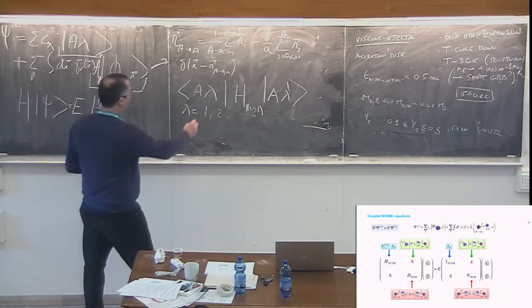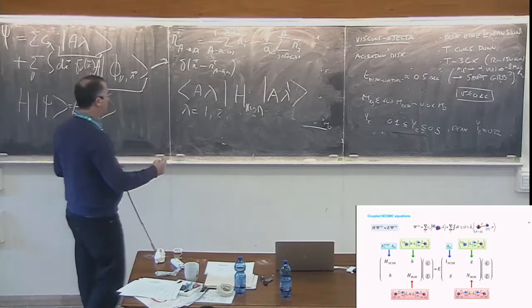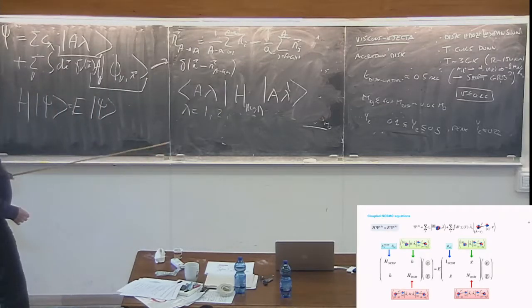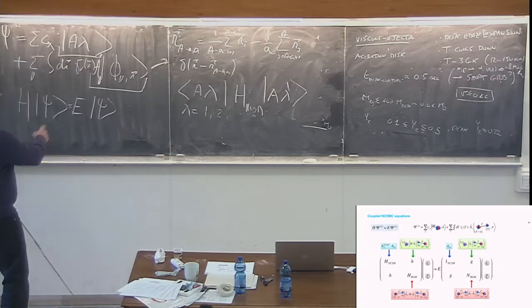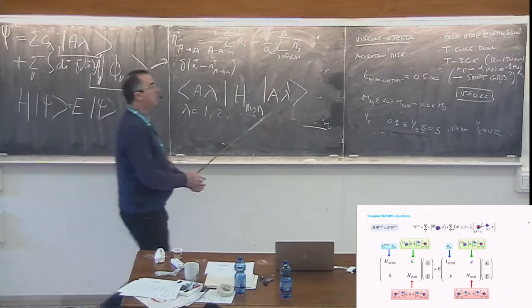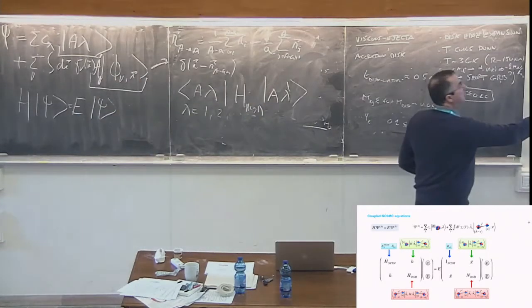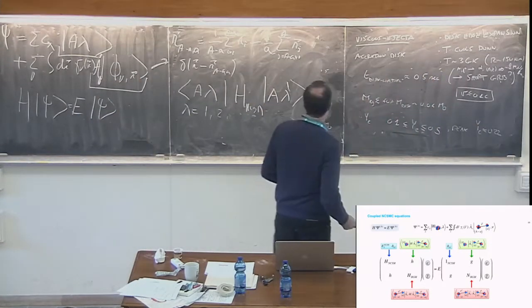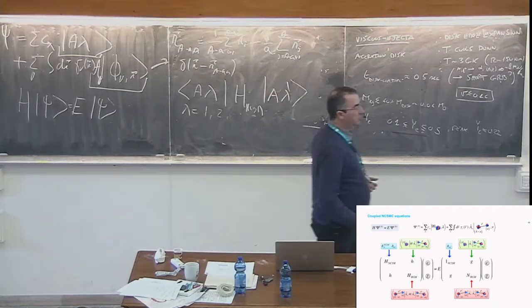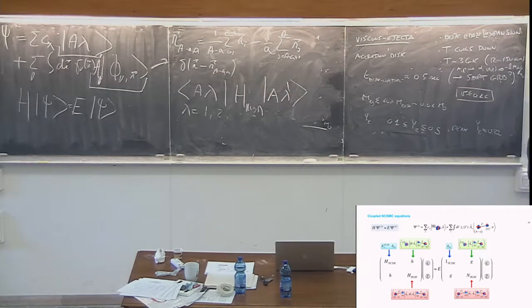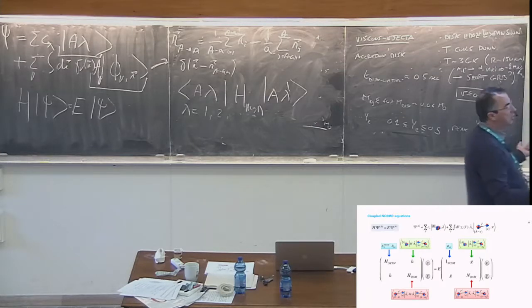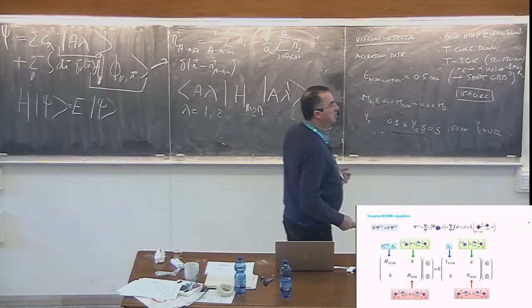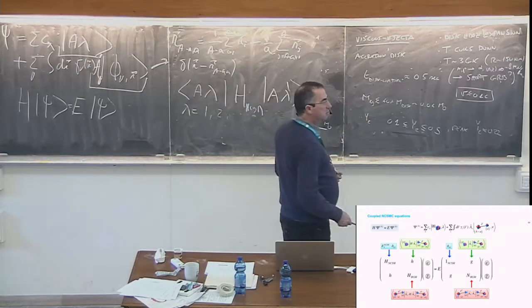Obviously, they should also have J, pi and T: angular momentum, parity, and isospin. I can add those quantum numbers if I want, but for simplicity, I just write it like that. The point is that I will pre-diagonalize, and then I will have here a Kronecker delta, and obviously these eigenstates are orthonormal. So in this block, these are standard orthogonal states, and I have there just an identity.